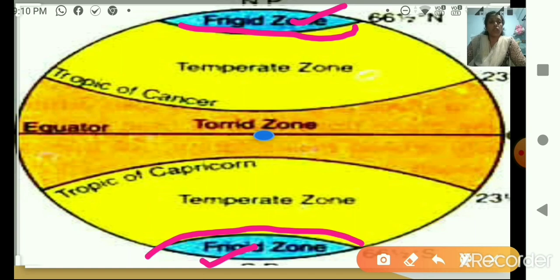This is called the frigid zone. This region receives very little heat from the sun. Therefore, it is the coldest place on the earth. They are very cold and large parts are covered with snow throughout the year. Therefore, this region is called the frigid zone.